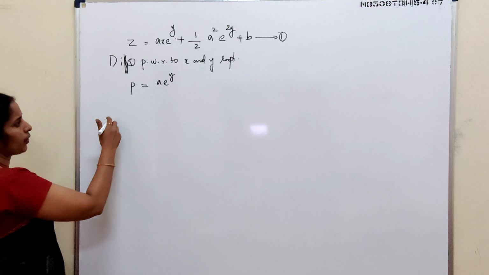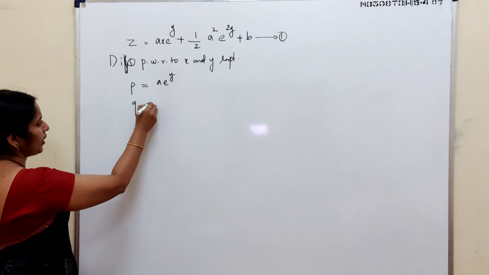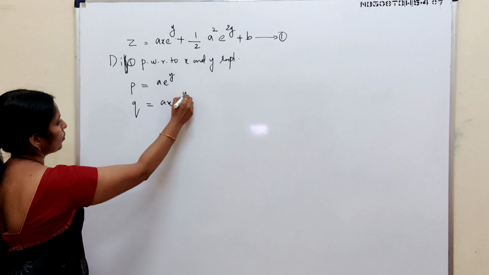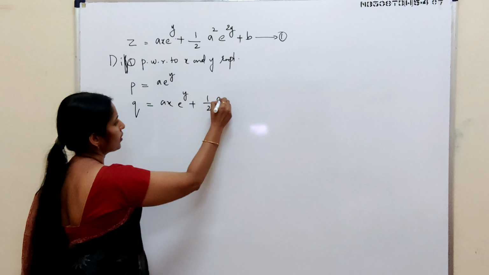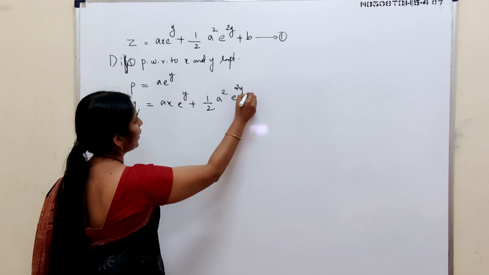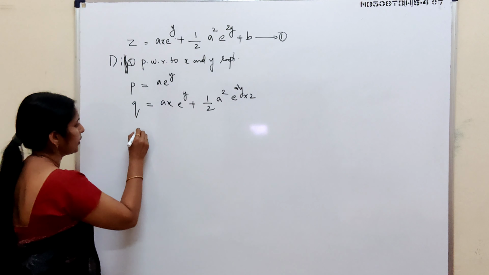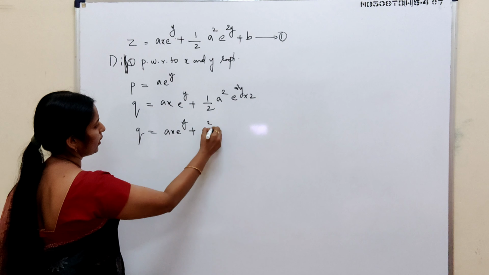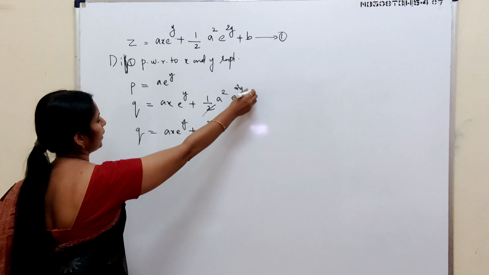Next, you differentiate partially with respect to y. The left side is q. ax into the derivative of e^y, which is e^y itself, plus half a square e^(2y) into 2. That is, q is equal to axe^y plus a square e^(2y). Here the 2 will cancel.